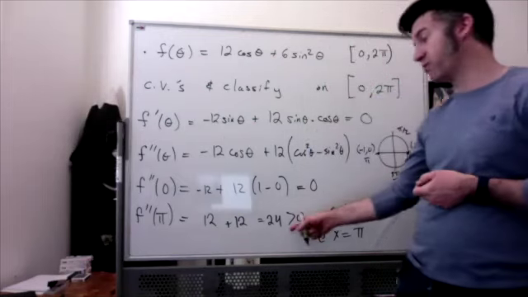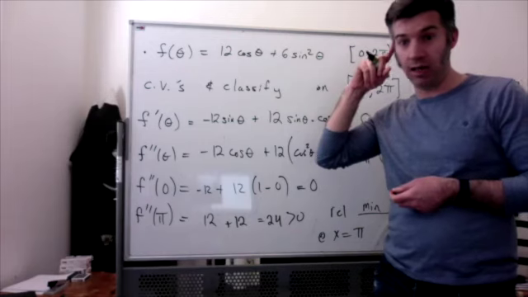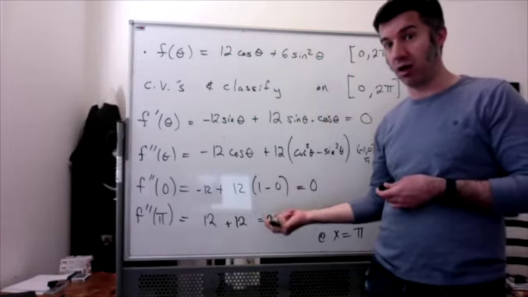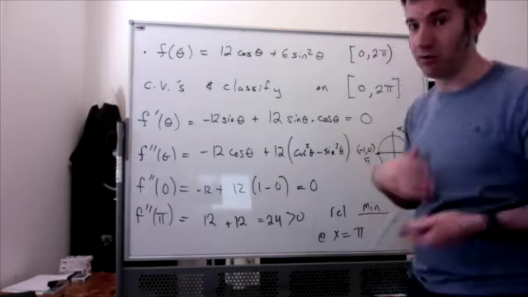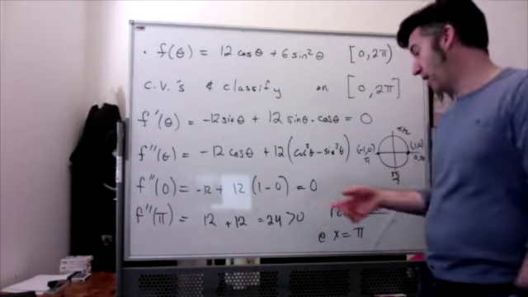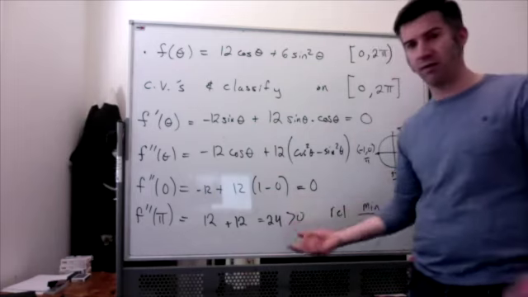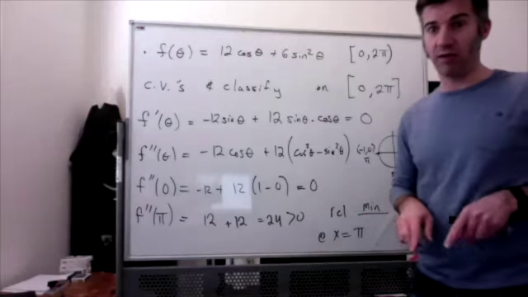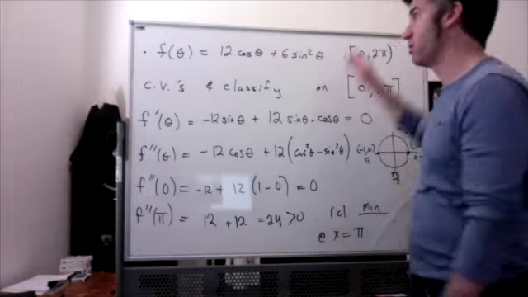So if your second derivative is positive, it's easy to think, oh, positive means max. No, not here. Second derivative being positive means you're concave upwards, means you have a minimum. So just remember, if you do decide or have to use the second derivative test for some reason, think about concavity, right? If your second derivative is positive, you're concave up, you have a minimum. If your second derivative is negative, you're concave down, and you have a maximum. Okay.